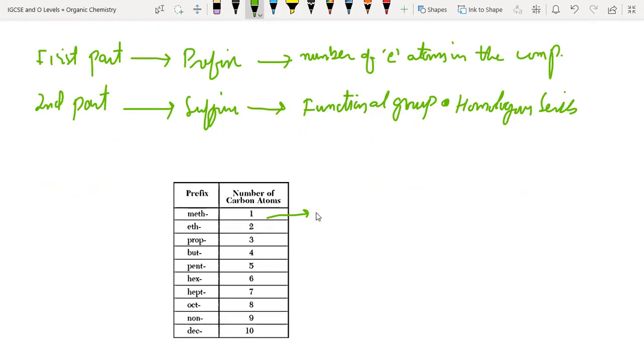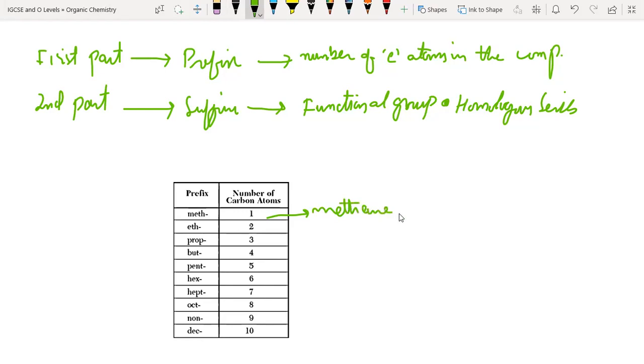If we have the homologous series of alkane, then the name will be methane.